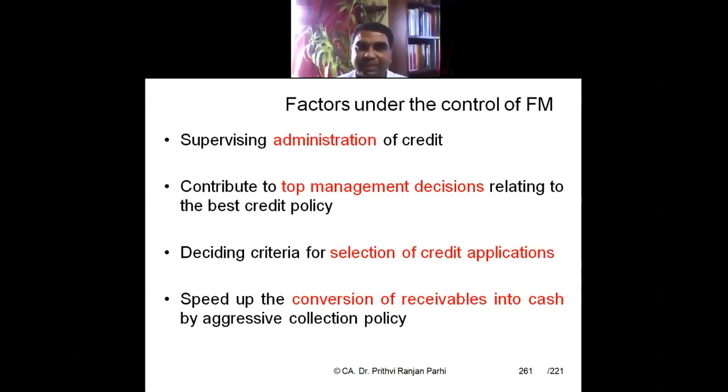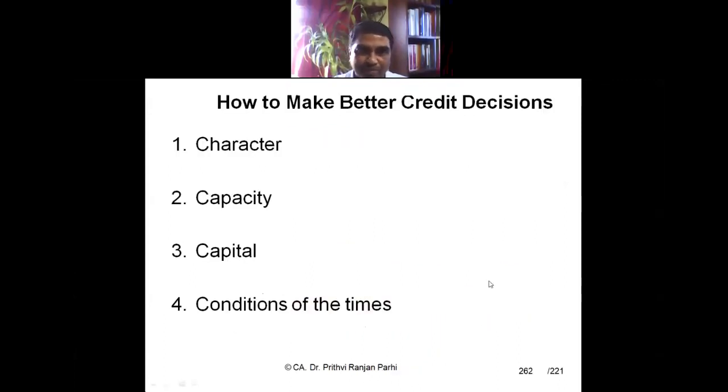He can help in deciding the criteria for selection of credit applications. He can help in speeding up the conversion of receivables into cash. There are various methods through which credit receivables can be converted into cash. He may take a loan against the receivables, or he may go for factoring services, etc. These concepts we'll be discussing shortly. So these are the areas where the finance manager can help.